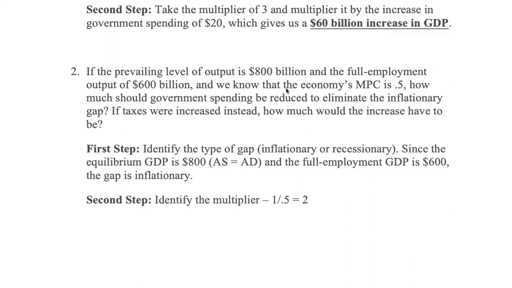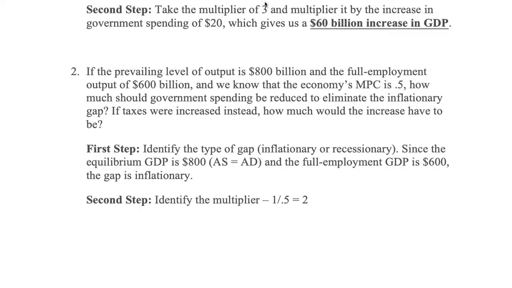The prevailing level of output is 800 billion, which would simply be equilibrium GDP, where the aggregate supply and aggregate demand curves intersect. Then you were given that the full employment output happens to be 600 billion. Well, wait a minute. We have equilibrium, but full employment real output is 600 billion. We've got a problem.